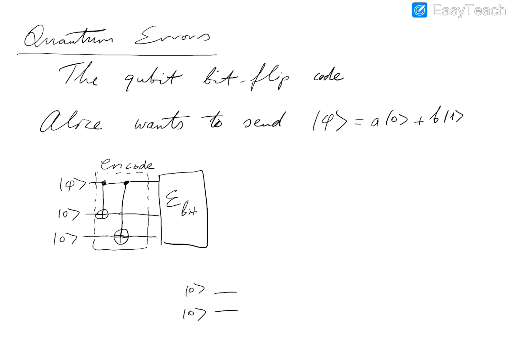Then he's going to take the first qubit as a control qubit, and apply a CNOT transformation on the first qubit of the ancillary qubits. And then next he will take the second qubit as the control qubit and again apply another CNOT transformation.